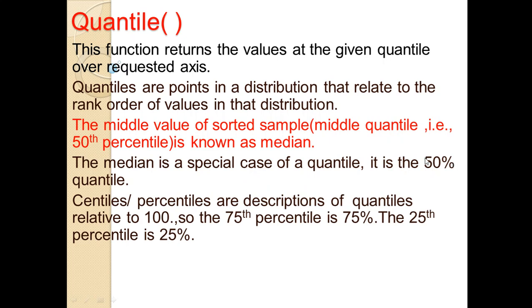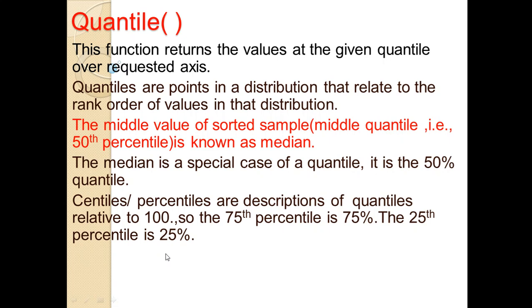Centiles or percentiles are descriptions of the quantiles relative to 100. So 75th percentile means 75% of the set of numbers, and 25th percentile is 25%.